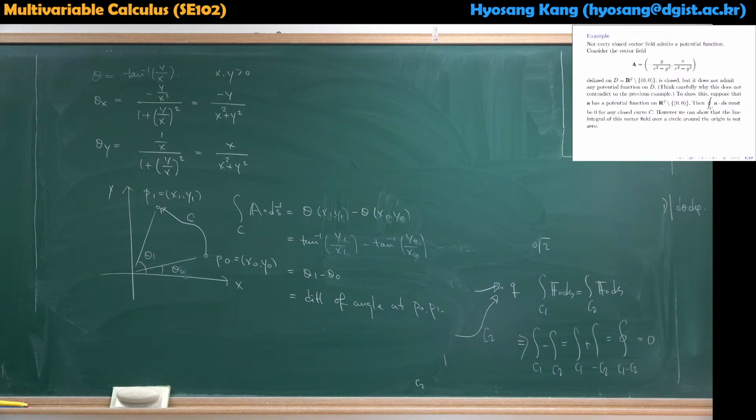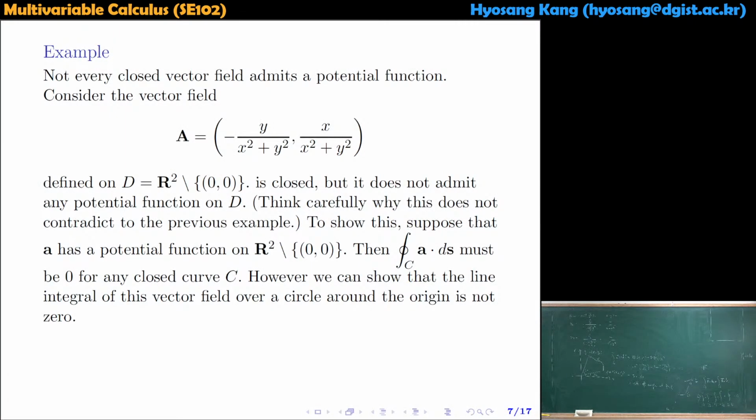Okay, so let's look at this example. It's also a very important example. So we have the same vector field A, and now we change the domain of definition of this vector field. In the previous example, we had a domain of definition on the first quadrant of two-dimensional space.